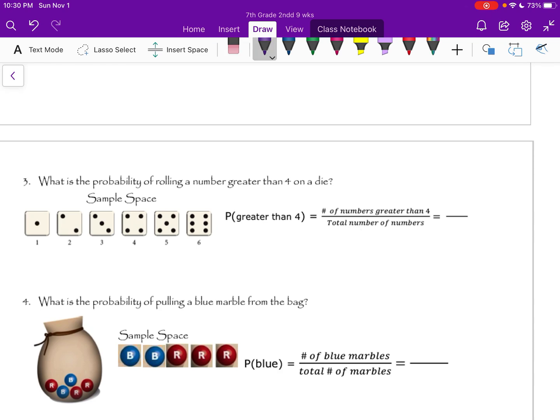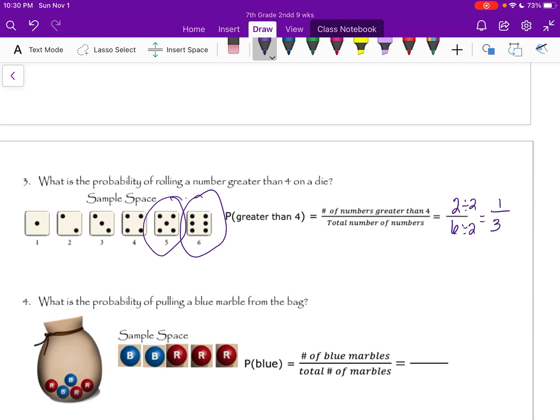How many numbers are greater than 4? We have 1, 2. Only 5 and 6 are greater. 4 is equal to 4, so that's not greater than. So we have 2 numbers out of 6. Of course, we are going to simplify that. 2 divided by 2 is 1, and 6 divided by 2 is 3.